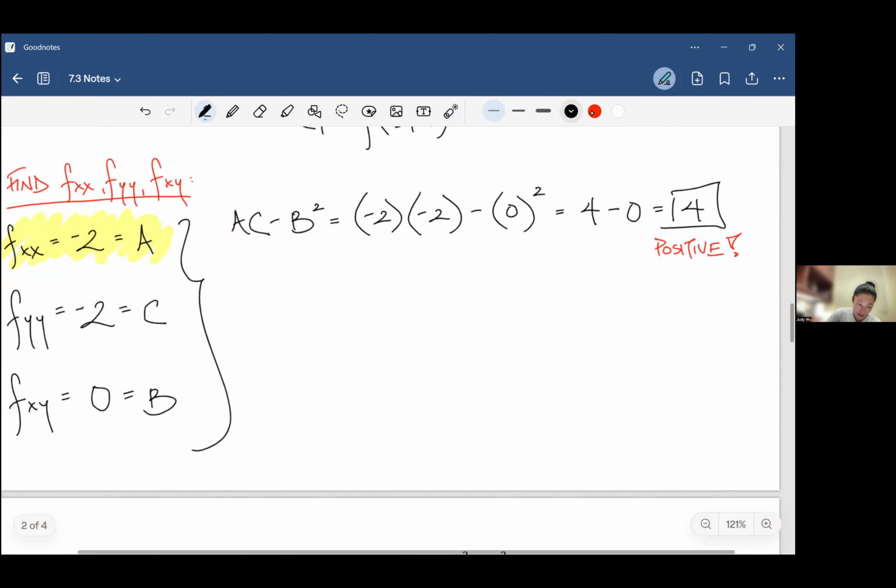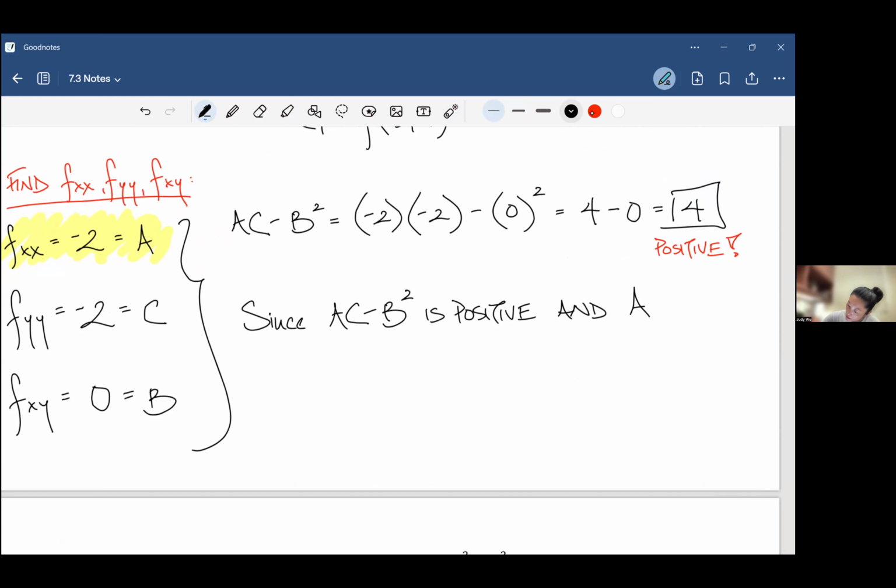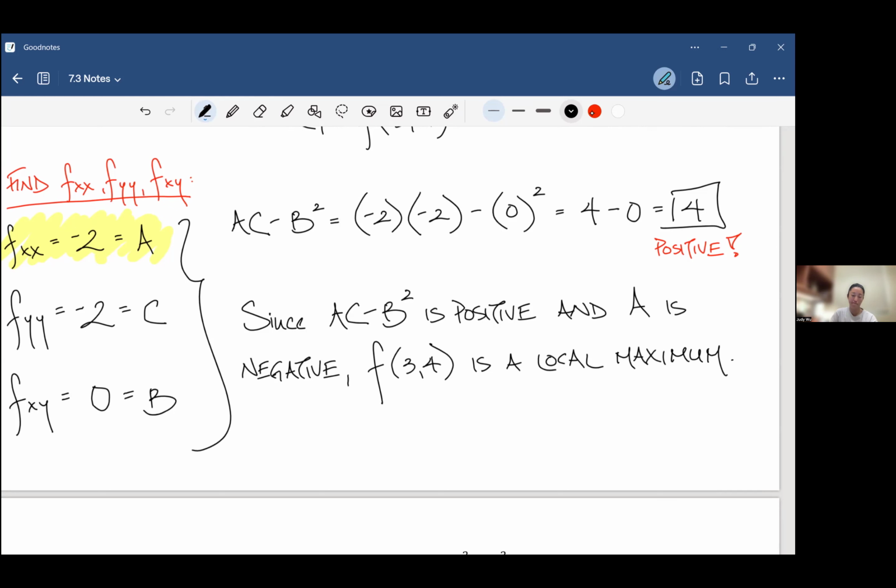So this is positive. And let's summarize this in a sentence. So since AC minus B squared is positive and A is negative, f of 3, 4 is a local maximum.